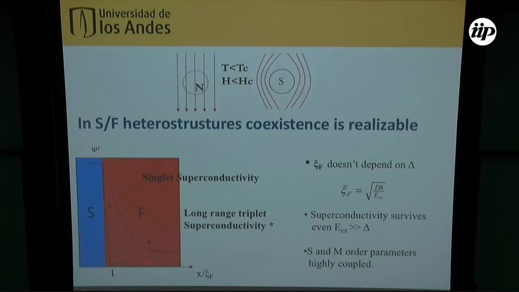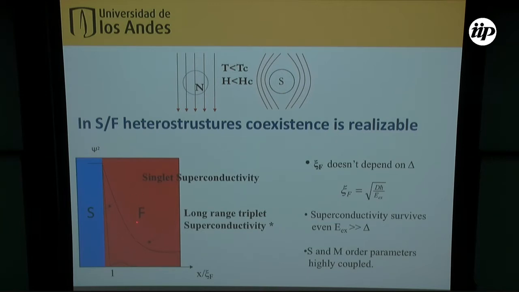So depending on the exchange field of the ferromagnet, or the polarization of the ferromagnet, for example, if the exchange energy is large, the ferromagnetic penetration depth is very small, right? For example, cobalt will have a smaller ferromagnetic penetration depth as compared to nickel, right?